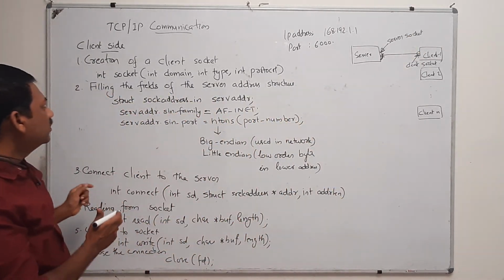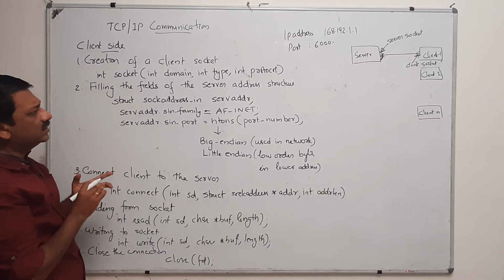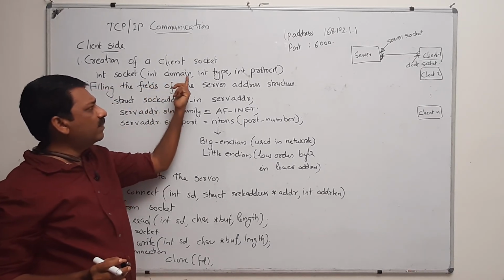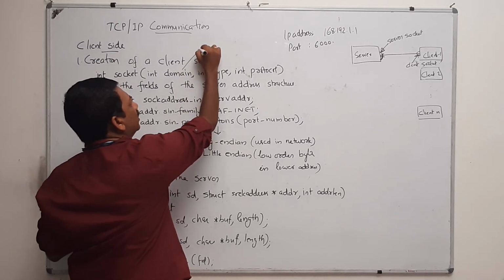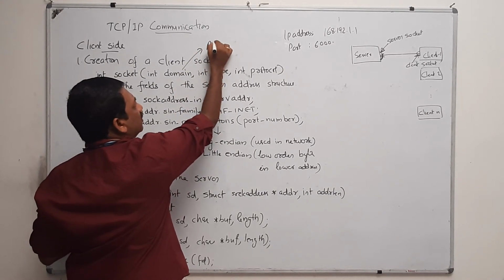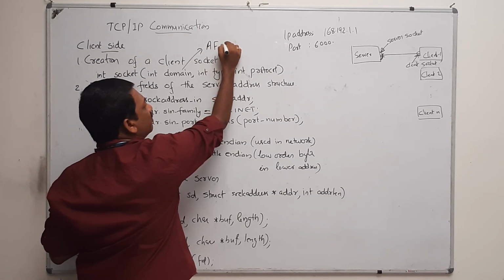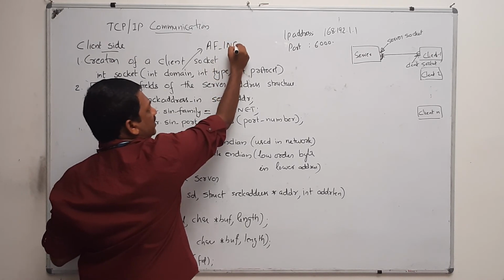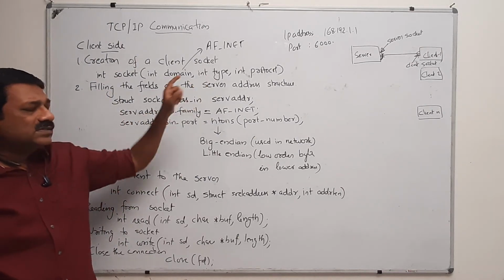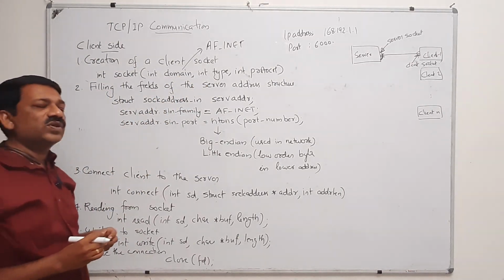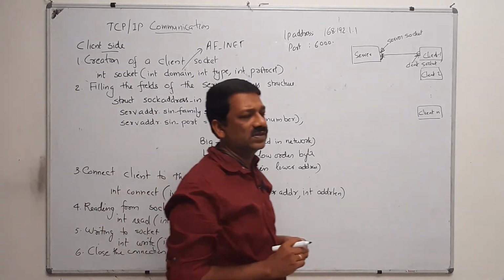So here, when you are creating a socket, this is the domain you have to fill. Here the domain almost always we use is AF_INET, which means we are using the internet. The type is either a connection oriented service or a connectionless service.